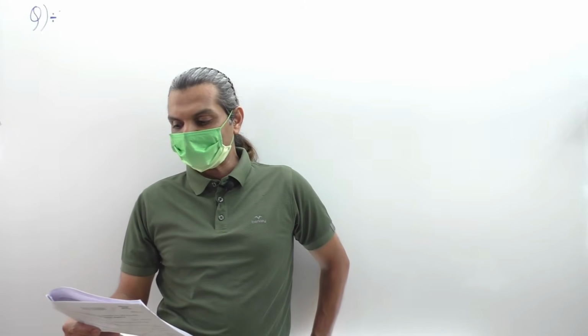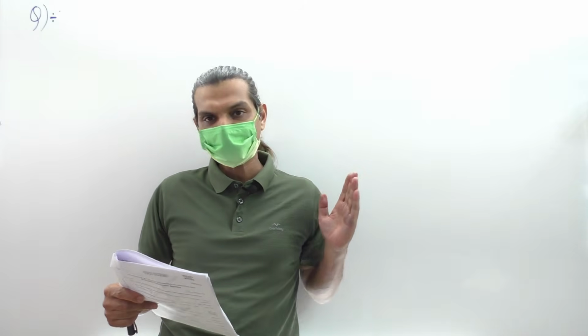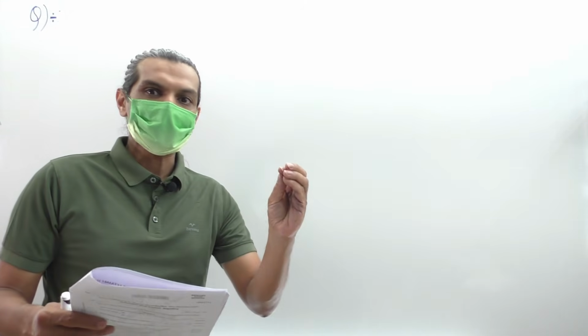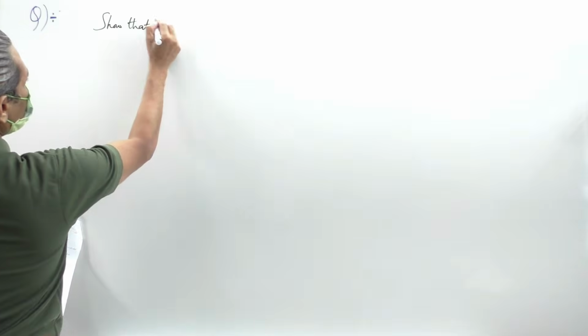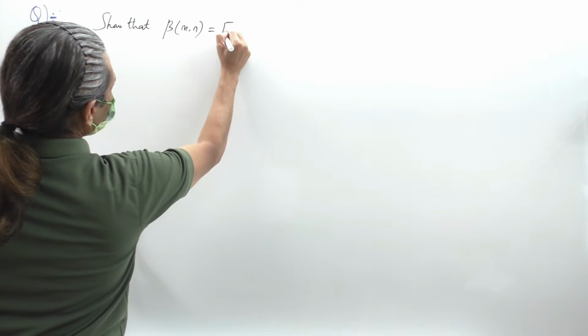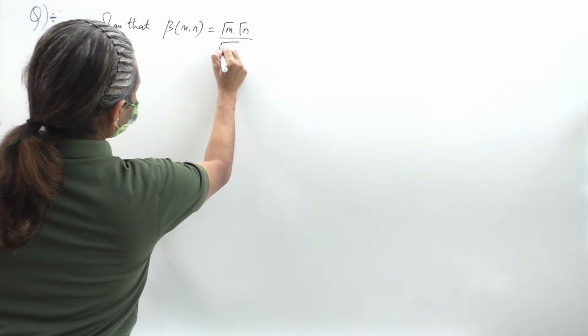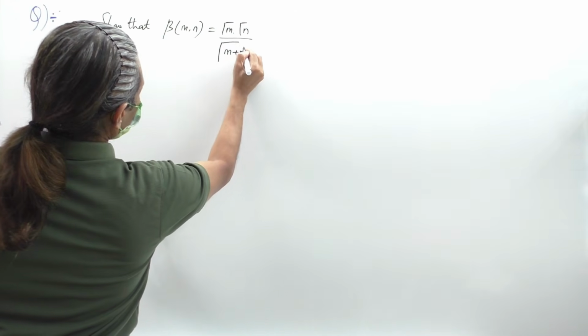I thought that I will leave it to you to see from the textbook, but I want to give a simple derivation. Please practice this derivation, and I'm sure if you practice 2-3 times, you will clearly get how to solve it. Okay? Beta m comma n is equal to gamma m into gamma n upon gamma m plus n.